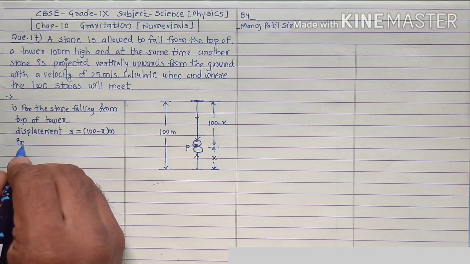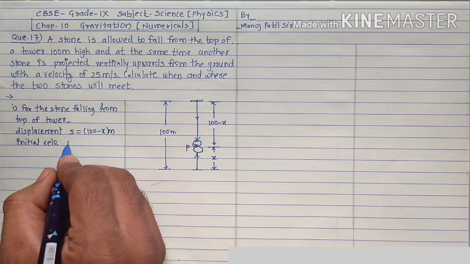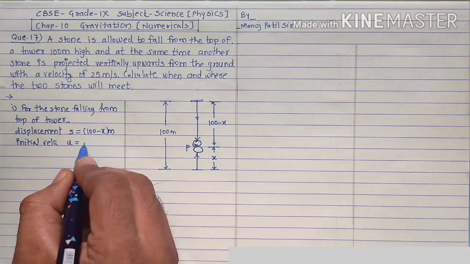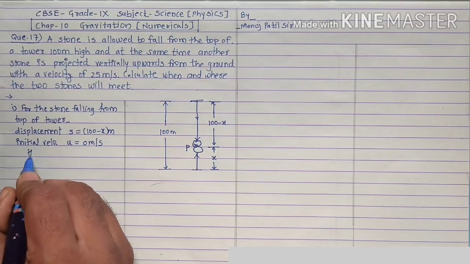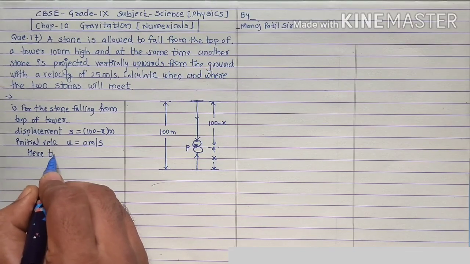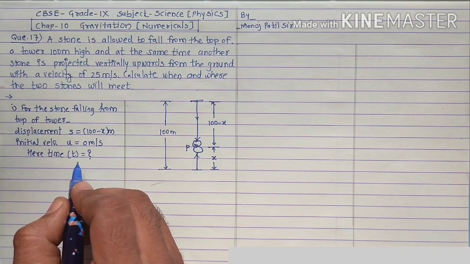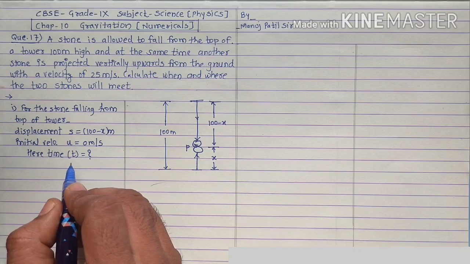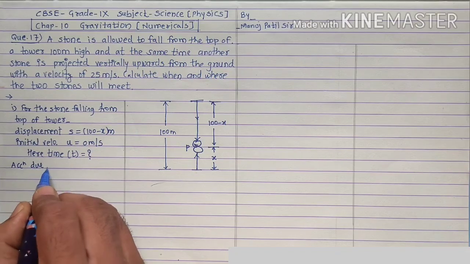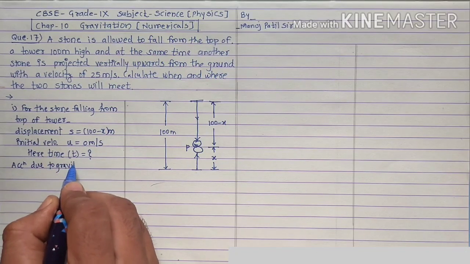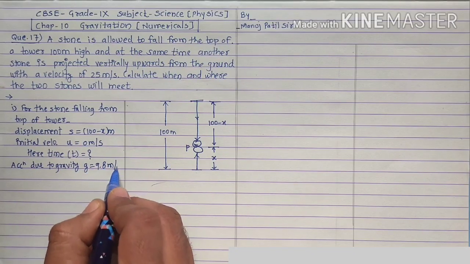Initial velocity when it is released, initial velocity is denoted by u, so it is equal to 0 meter per second. Here time t we have to find, that is at what time or after how much duration both the stones will collide with each other. So here acceleration due to gravity is denoted by letter g, is equal to 9.8 meter per second square.